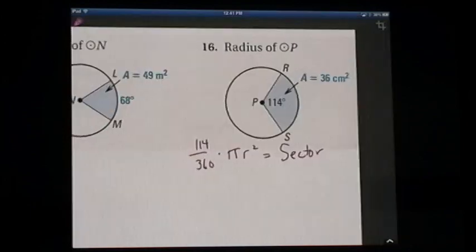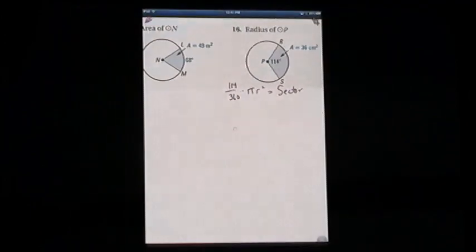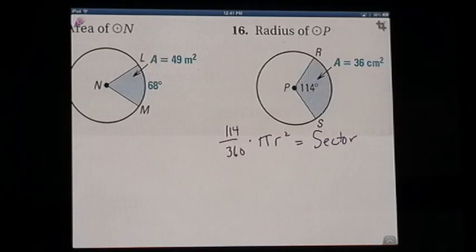All right, so we know the sector is 36 centimeters squared. And we're going to go ahead and divide 114 by 360.